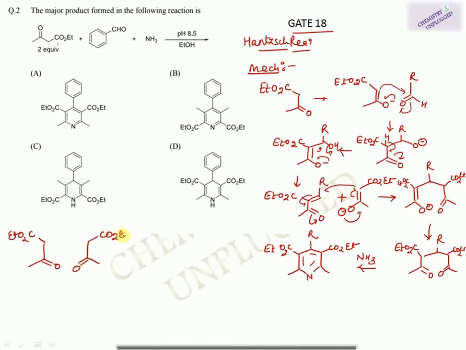Then we write down this molecule, this benzaldehyde, in the middle and ammonia on the lower side. Then we simply remove this CHO group and these two oxygens, and we place nitrogen in place of all of these. This will be your product. So this is the single step reaction.